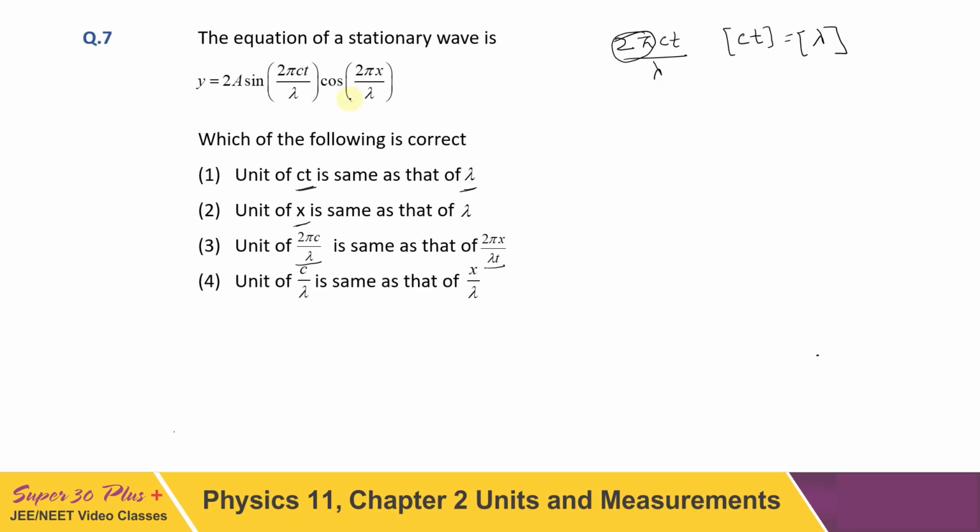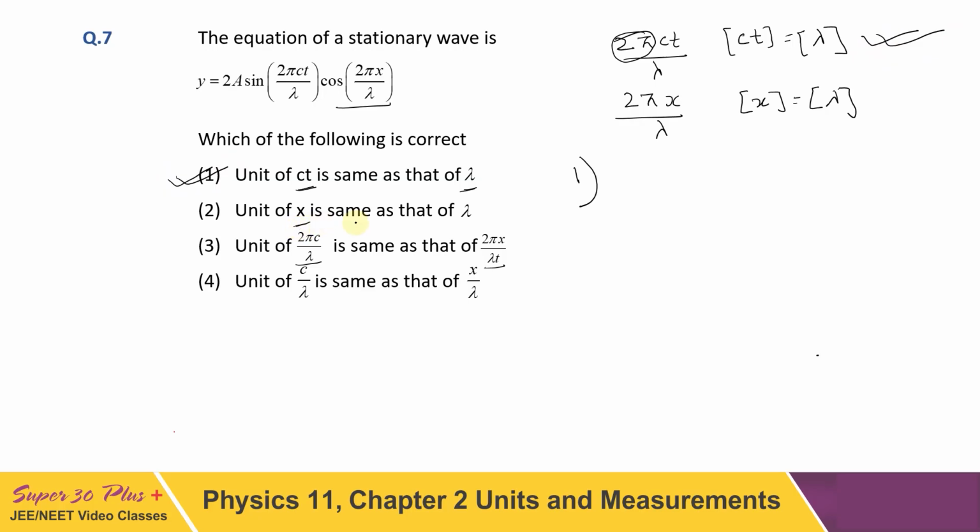Similarly, from the second term cos 2 pi x by lambda, it can be said that 2 pi is a numeric constant, so x must have the same unit as lambda. With the help of these two expressions, now we can check each one of the options.